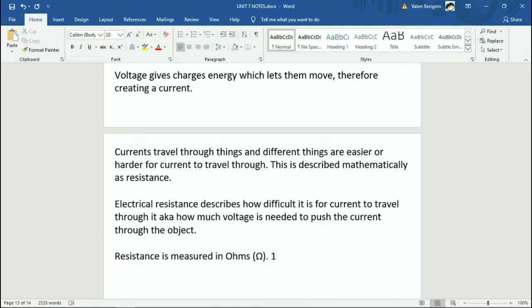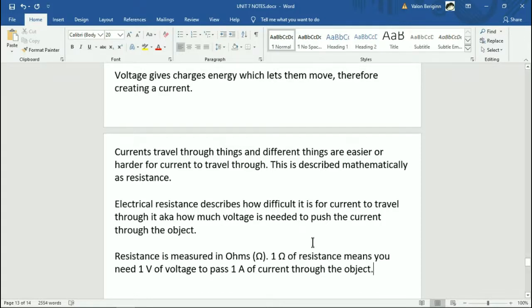Okay, so 1 ohm of resistance means you need 1 volt of voltage to pass 1 amp of current through the object.